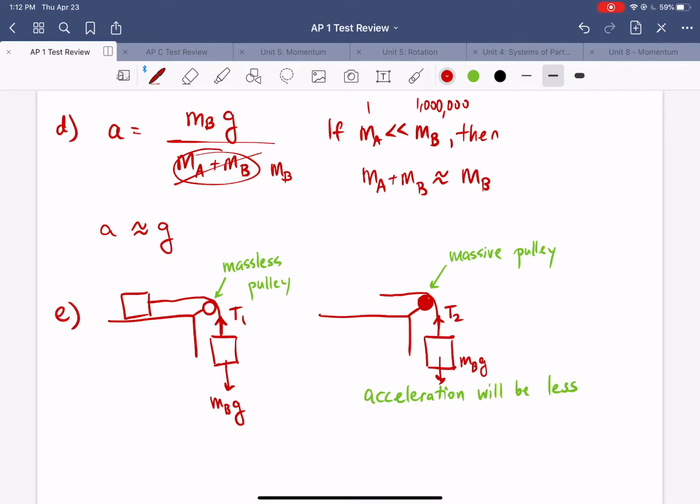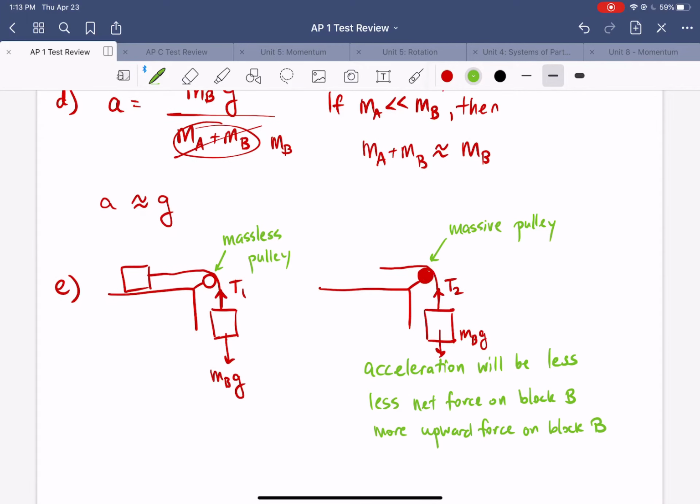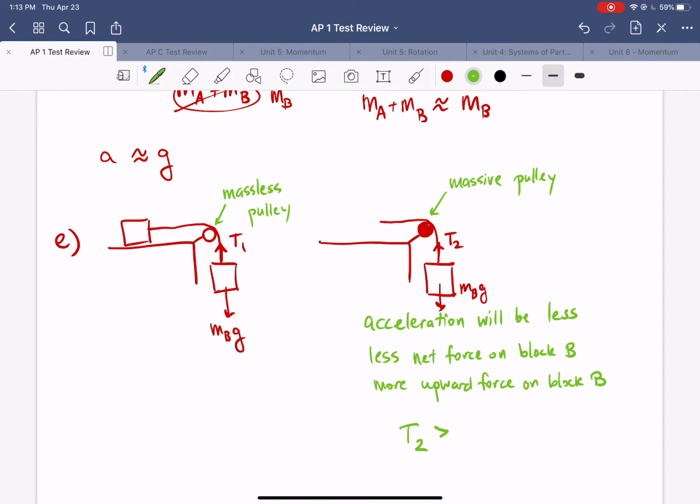The gravitational force doesn't change from one scenario to the next. So how do we get the acceleration of block B to decrease? Well, there has to be more upward force. So in other words, if we're going to have less net force on block B, then that means there's going to be more upward force on block B. So that means T2 is going to be greater than T1.